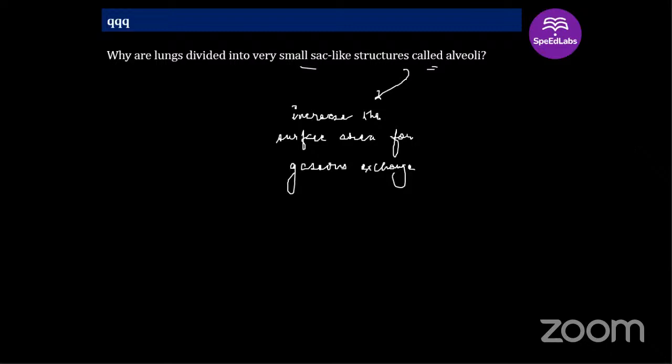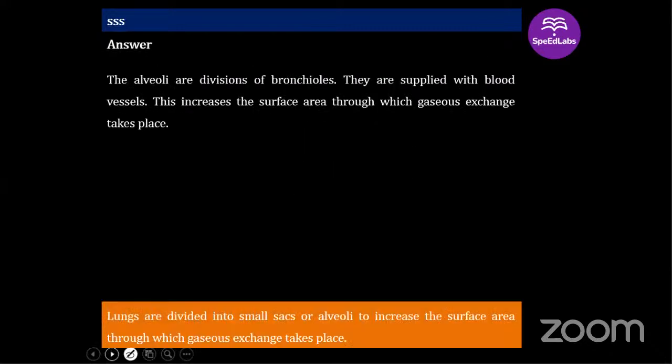The surface should be moist, and it should be thin also, so that diffusion and the exchange of gases can occur easily. The alveoli are the divisions of the bronchioles. At the end of the bronchioles, we find small sac-like structures called alveoli. They are supplied with blood vessels. This increases the surface area through which gaseous exchange takes place.